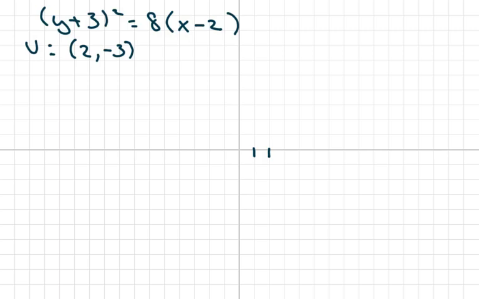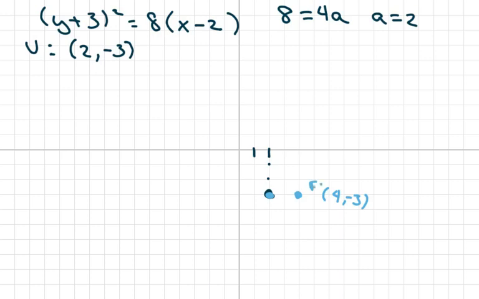So we can go down 3, and there's your vertex. Now, my A, I'm going to set 8 equals 4A, so A equals 2. So since it opens to the right, I'm going to put my focus here, which would be 4, comma negative 3. That's your focus.